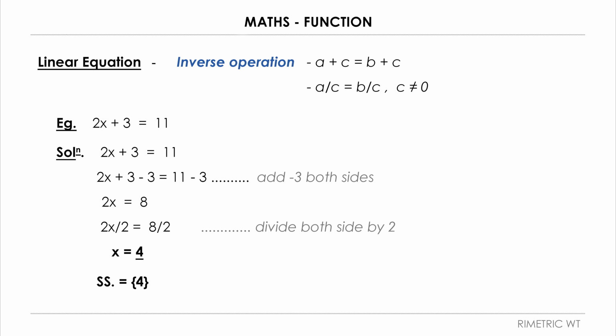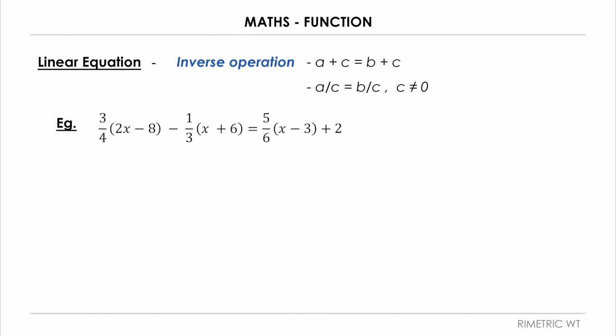Let's see another example. Here is a bit more complicated equation, but remember, even though the equation has multiple terms, the main thing we need to check is the degree of x, no matter how many times it is repeated in the equation. If all the variables have the power of 1, then it is linear. To solve the equation, first we distribute the common term in each, and then collect the like terms.